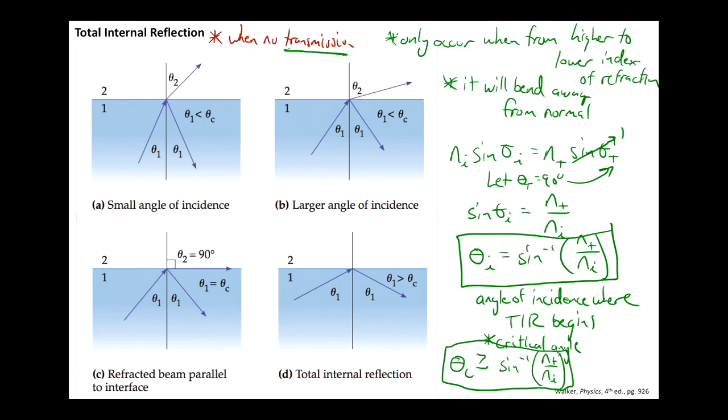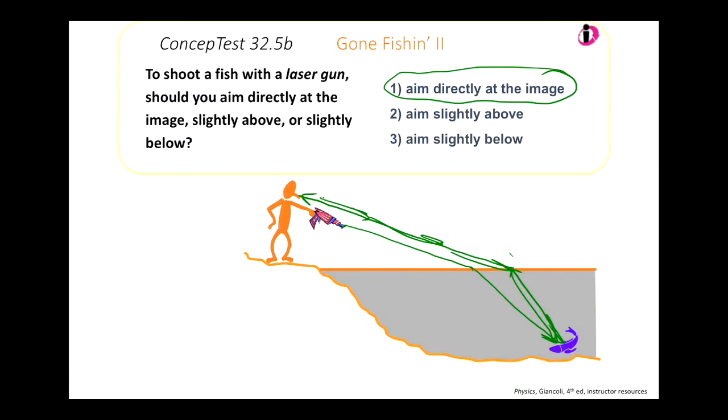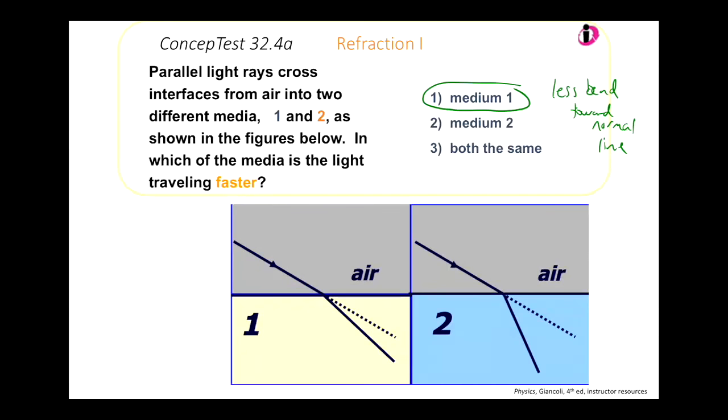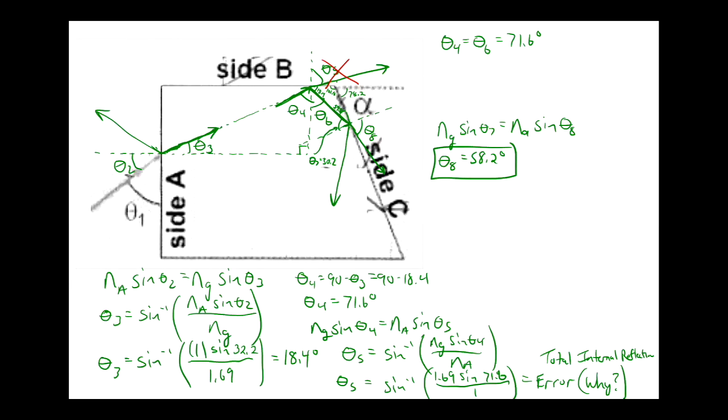Let's take that equation and go back to the problem we were working. This will be the last thing that we do. So let's go back here. Make a little box. So theta c is greater than or equal to inverse sine of Nt over Ni.